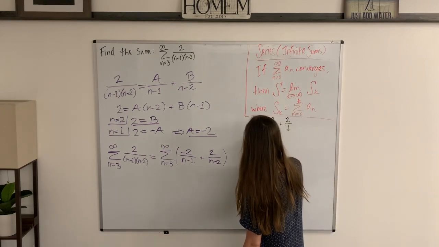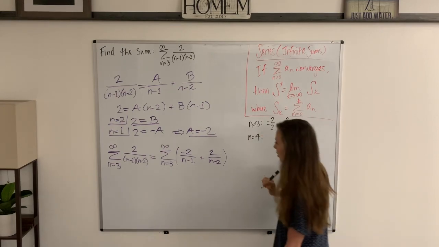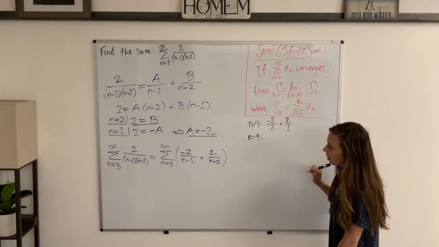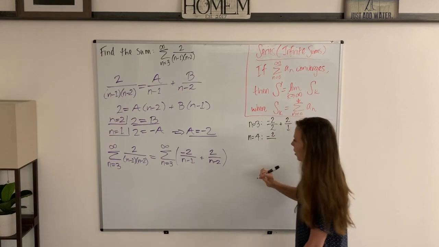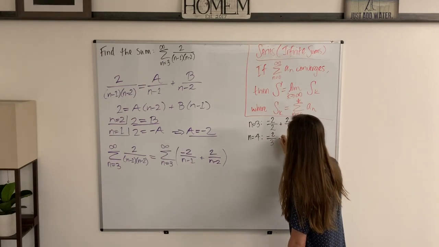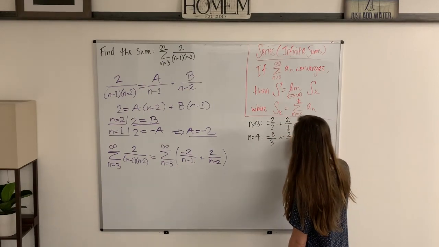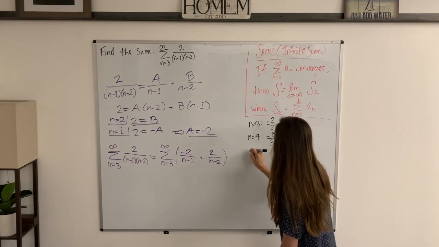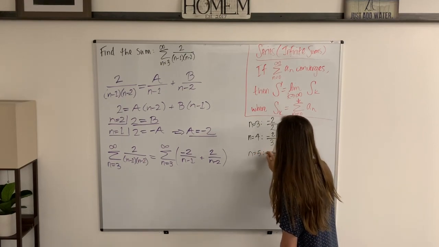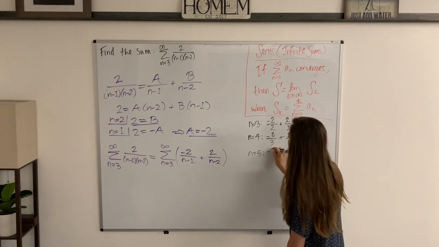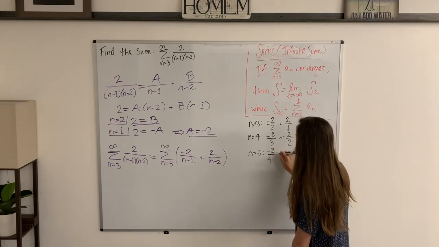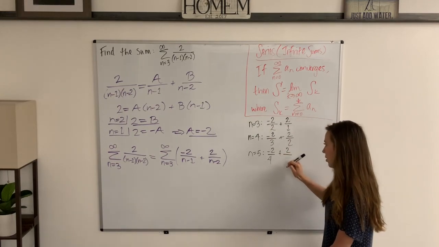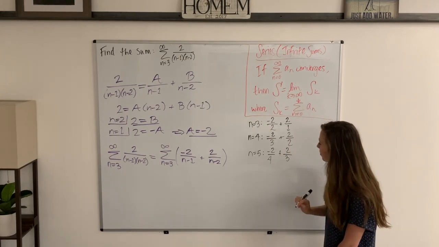And when n equals 4, we get negative 2 over 3 plus 2 over 2. And when n equals 5, we get negative 2 over 4 plus 2 over 3.